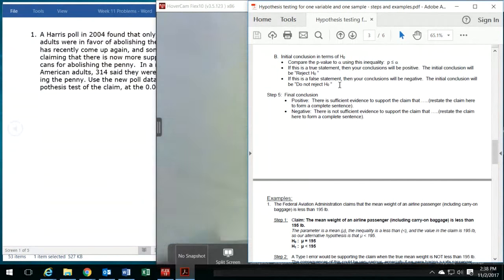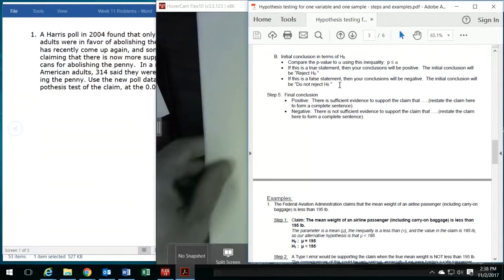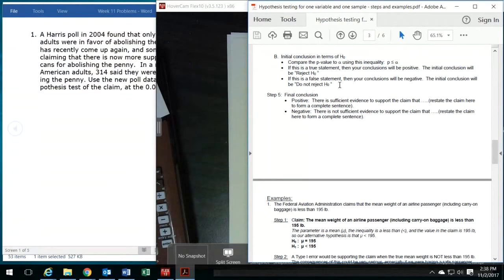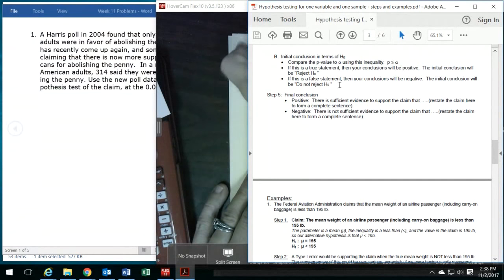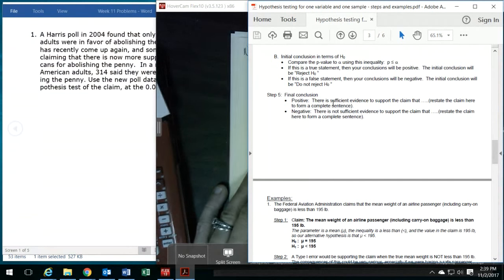And the way we write that, and this is just in terms of our null hypothesis, so for a negative conclusion, that means we use the word not in there.